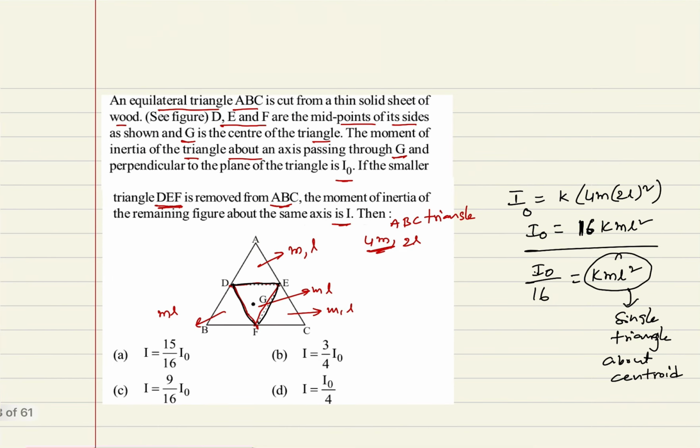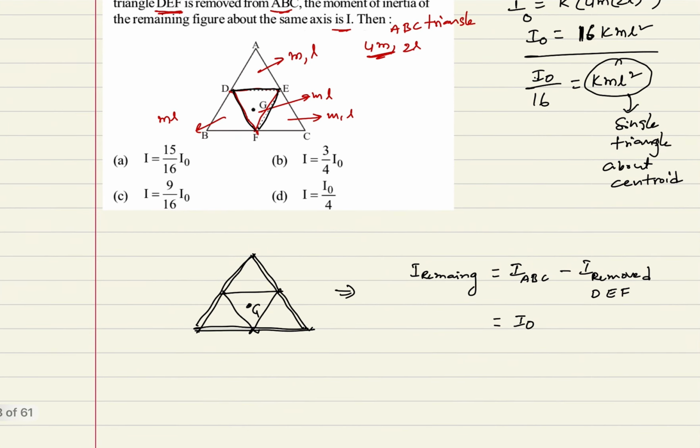So I naught minus the removed triangle, having k into ml square, that is I naught by 16. So finally we'll get 15 I naught by 16. So 15 I naught divided by 16 is the answer.